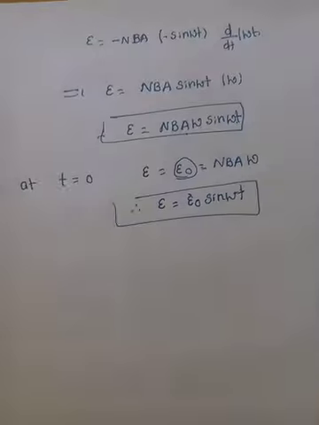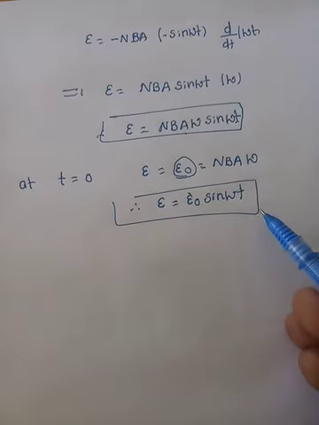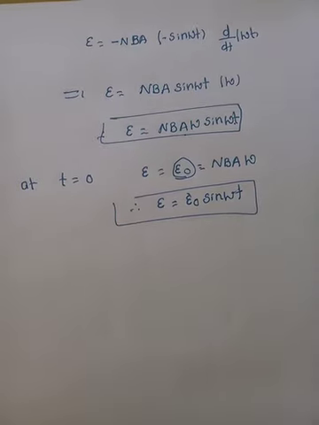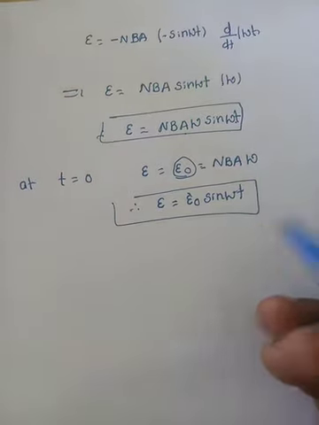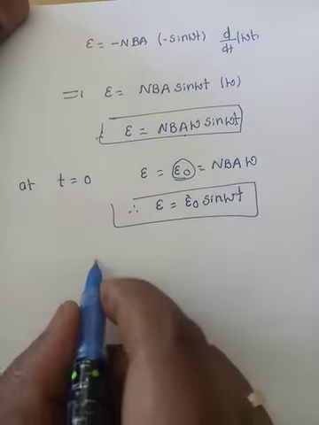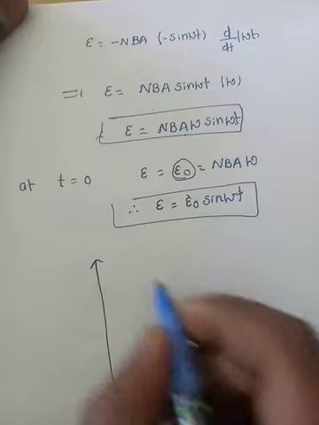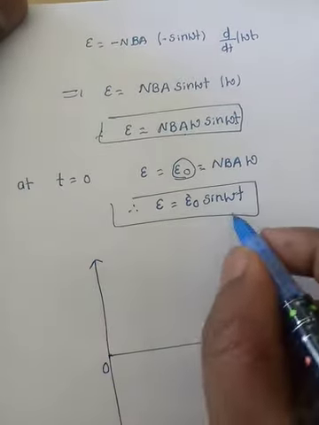From this we can understand that the induced EMF changes as a sine function. Up to now we produced constant current, but here we are getting varying current. See how the varying current comes. Let us apply that. At time t equals 0, EMF is 0.